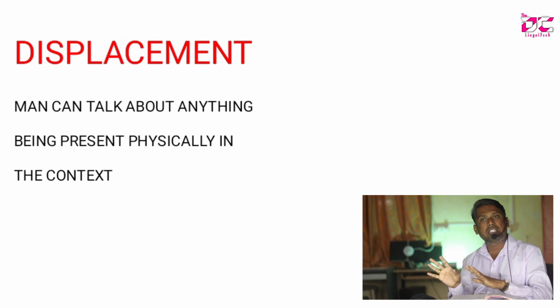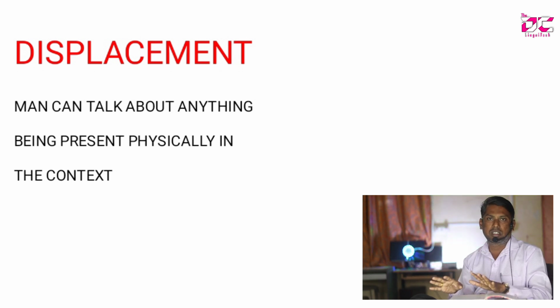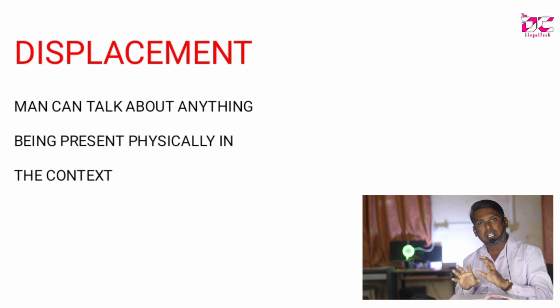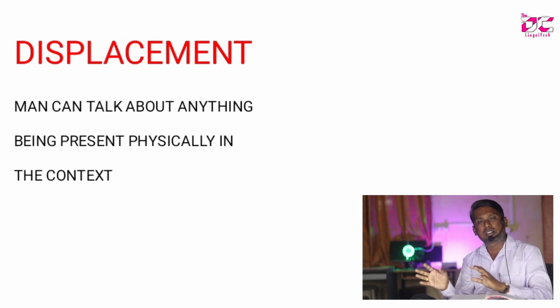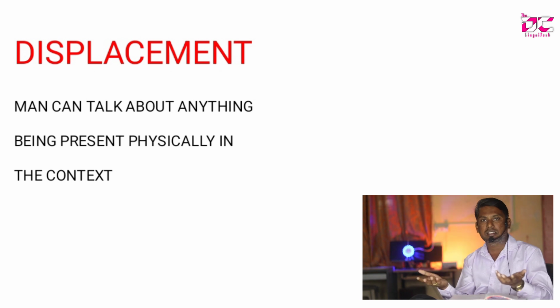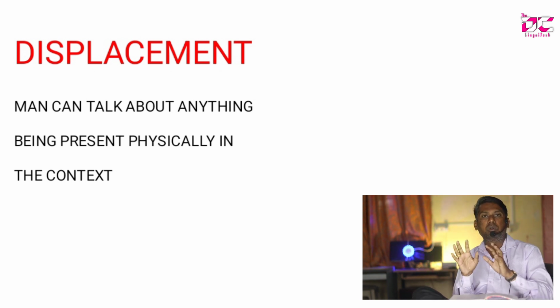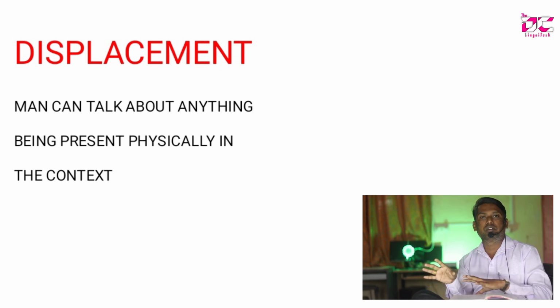I can talk about anything where I am not physically present. But animals cannot do it. Animals have to be present at the same time at the same place. So that is what you call displacement. Displacing, so changing the place, still talking about that place. Human beings can talk about the past, the future, and present plans, but animals can only communicate about what they have in their existing physical reality.